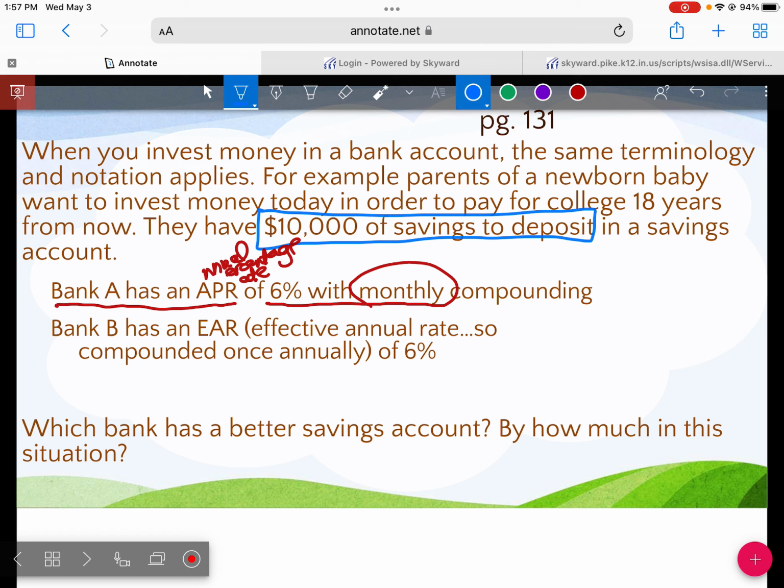Bank B has an EAR, which I've never heard of, but I'm not big in the banking, an effective annual rate. So it is compounded once annually at 6%. So if you notice, they're both at 6%, but Bank A is going to compound it monthly, and Bank B is going to compound it once at the end of the year.